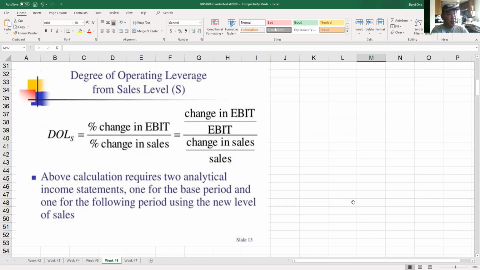And so you see that you're going to need two income statements to do this calculation. And we'll see other situations where you don't need two income statements. But basically, how does a percentage change in sales impact a percentage change in earnings before interest and taxes?